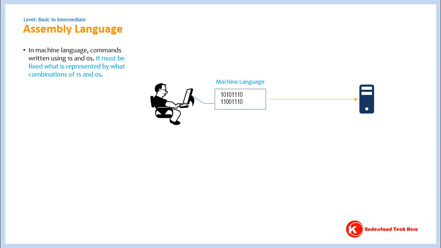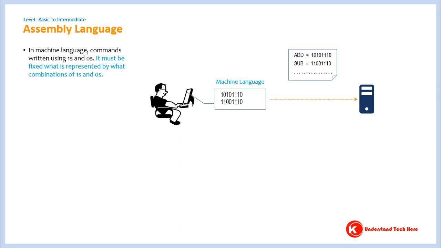However, as explained before, this did not mean typing a random sequence of ones and zeros. In fact, it has to be fixed what is to be represented by what combination of ones and zeros. Writing programs in machine language involves tediously writing lots of ones and zeros.